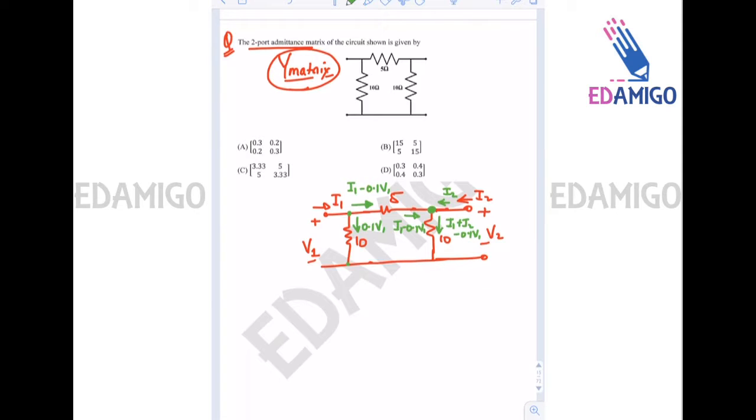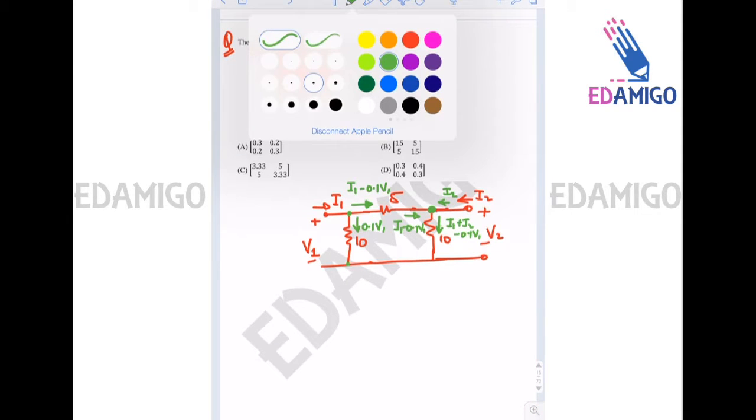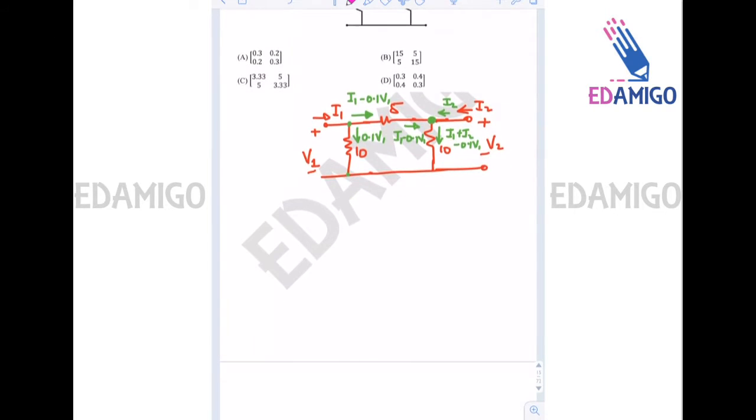Okay, now writing the equations, let us say this is node A, this is node B. Let us say that this point is grounded, so node A voltage is V1 and node B voltage is V2. So voltage across this 5 ohm resistance is V1 minus V2. That will be equal to 5 times the current that is flowing through it.